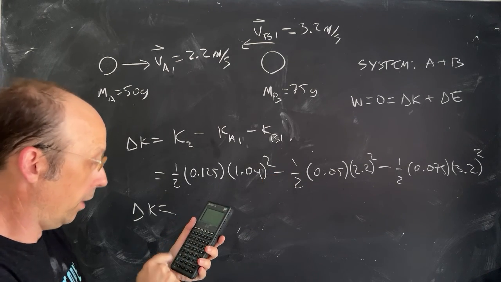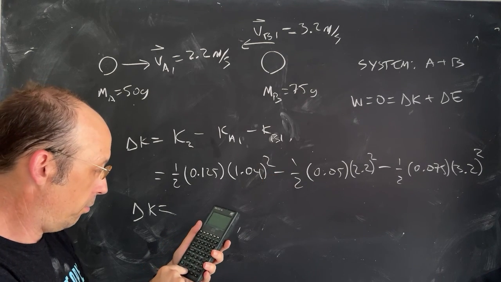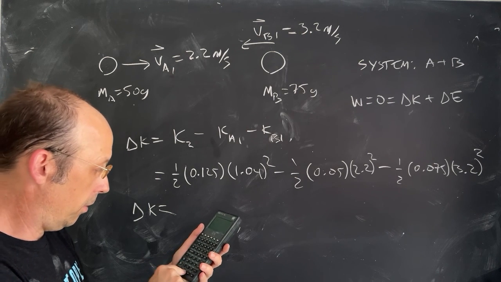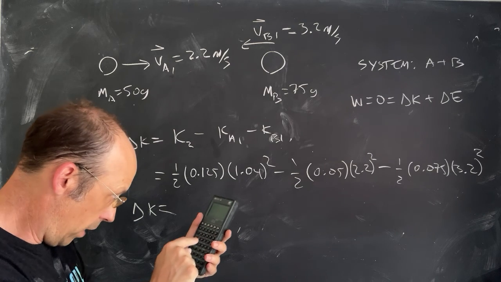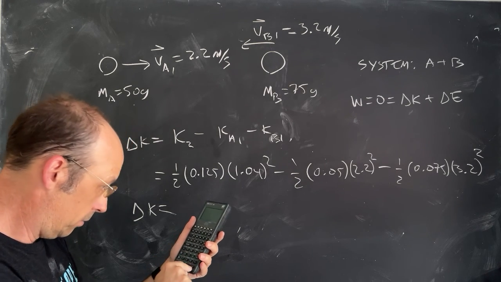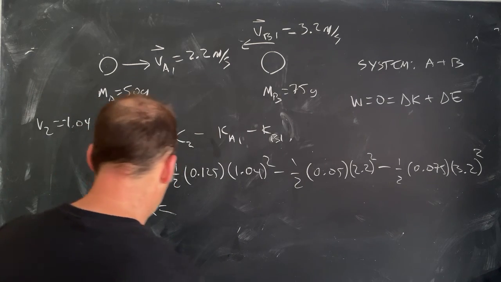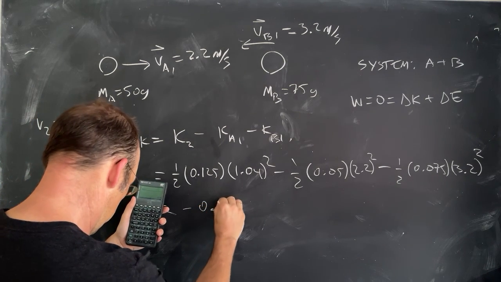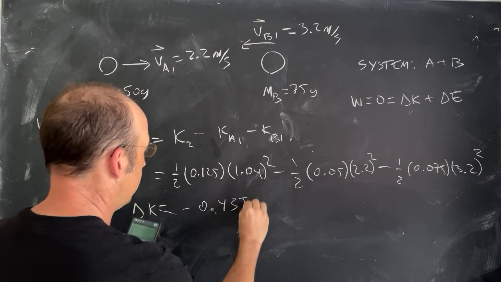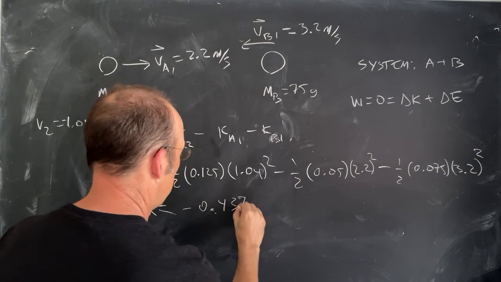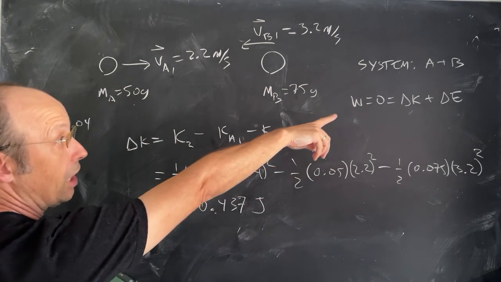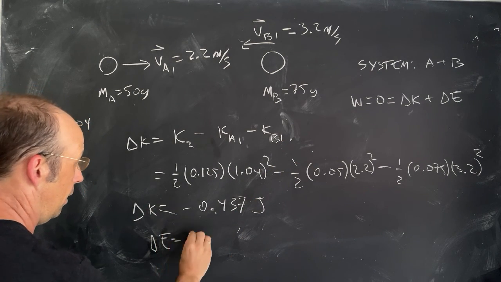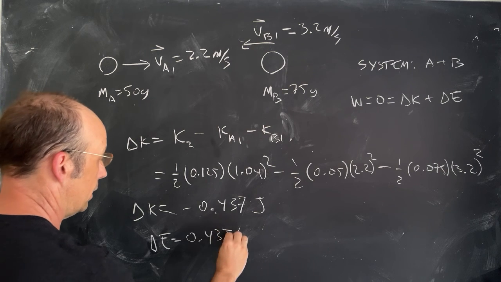And then I'm going to do this other one, 0.5 times 0.075 times 3.2 squared, and subtract. And I get negative 0.437 joules. So my change in energy is going to be the opposite of that. So delta E is 0.437 joules.